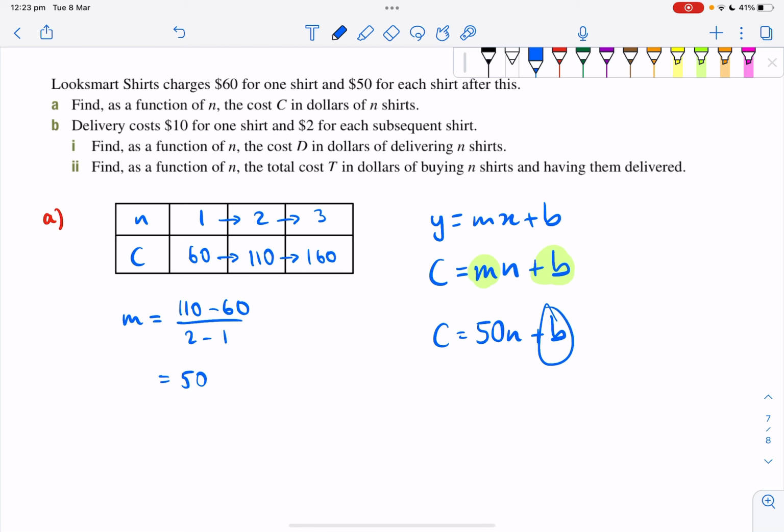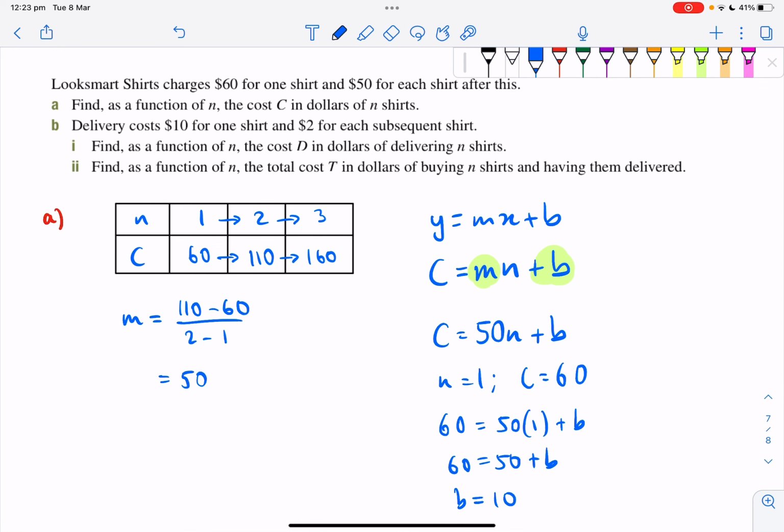In order to calculate B, all you have to do is substitute any single one of these points. All right, think of these as a coordinate. So let's say we sub in 1 and 60. N equals 1, C equals 60. We get 60 equals 50 times 1 plus B equals 50 plus B, and that's 60 minus 50 from both sides, you get B equals 10.